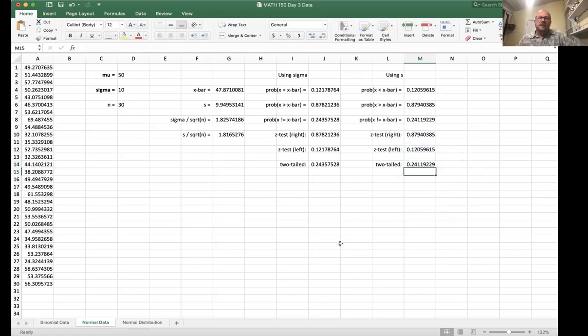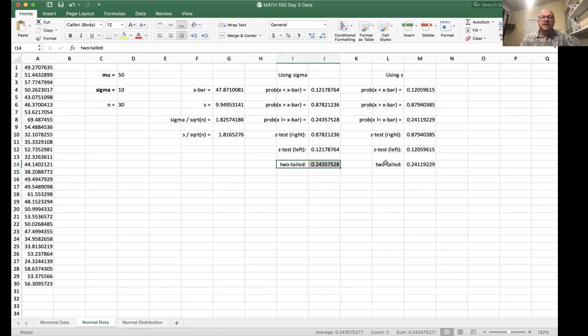And notice that if we use the sigma and do the two-tail test, we've got about a 24.4 percent chance that we could get a distribution like what we did.